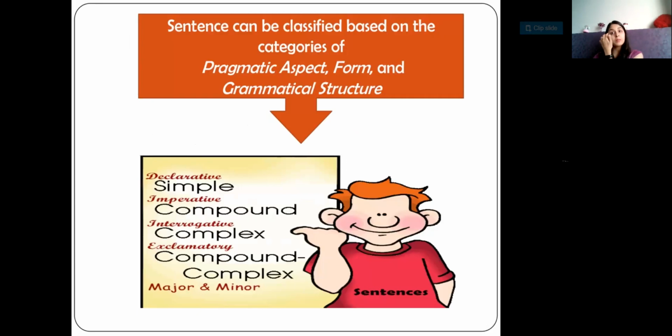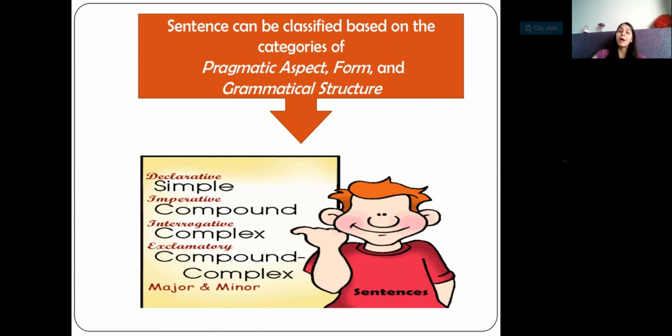Sentences can be classified based on categories. Now categories can be pragmatic, aspect, form, grammatical structure, etc. Declarative is a simple sentence. Okay. Imperative is a compound one, that means joining two sentences together. Interrogative is a complex one.